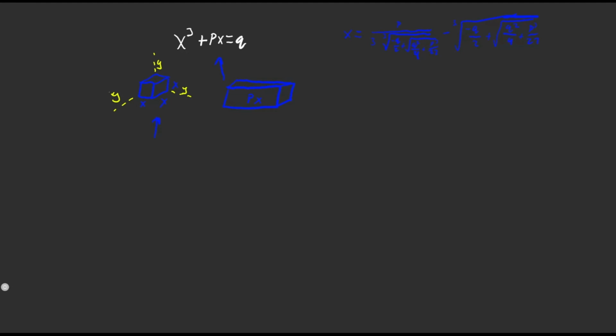So we have to extend out 3y. And that basically gives us a new cube with side length, or length times width times height, being x plus y. So we get a new cube with volume z.